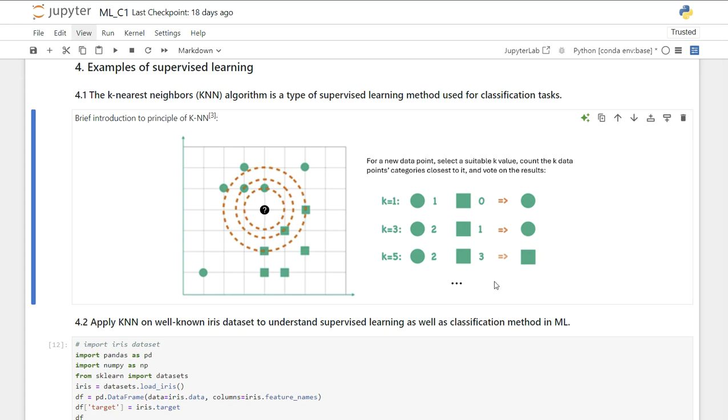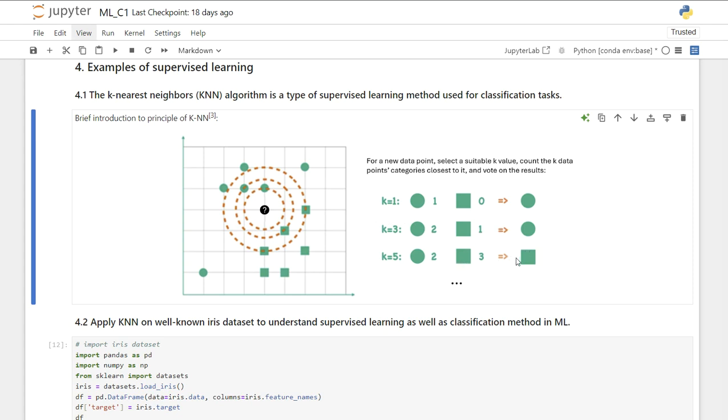You may think it's too easy, right? First, we get the distance between new data and old data, find the nearest k data points, and then we vote. We vote on the category or classification for this new data, and the result is based on the voting.